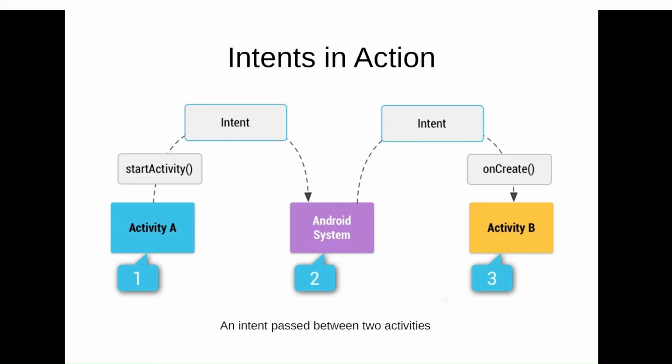For example, Activity B might not exist, which is oftentimes not the case with explicit intents, since we are usually referencing activity classes that are in our code. But we could also have issues with security. Activity A may not have permission to launch Activity B, in which case the call would fail.